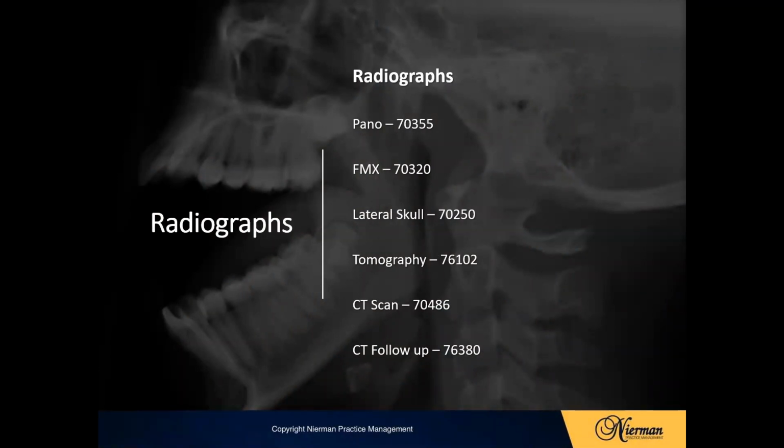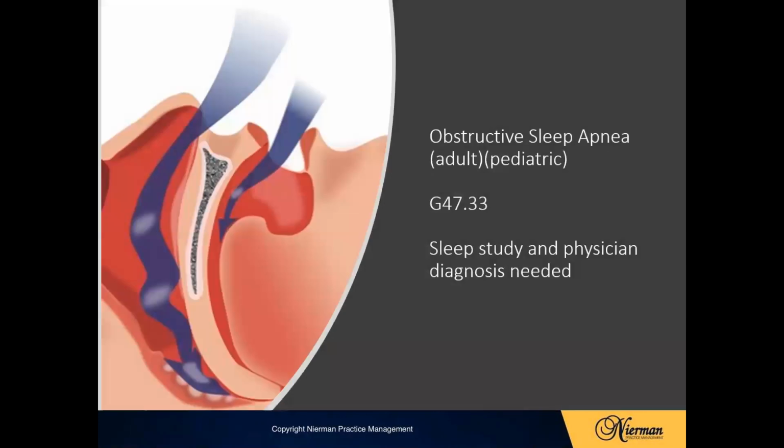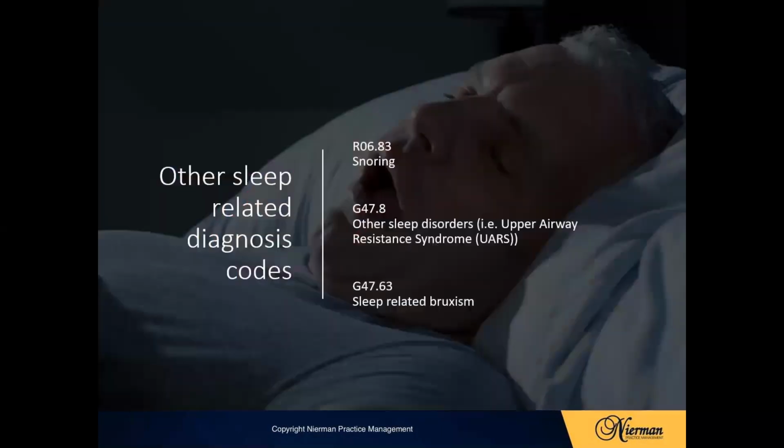You're going to bill that exam, you're going to bill those x-rays. Then you're going to determine, okay, let's say this patient's had a sleep study. On the sleep study, since dentists don't diagnose sleep apnea, once you see it on the sleep study, you can bill it. And there's only one diagnosis code for OSA, G47.33, whether it's adult or pediatric.